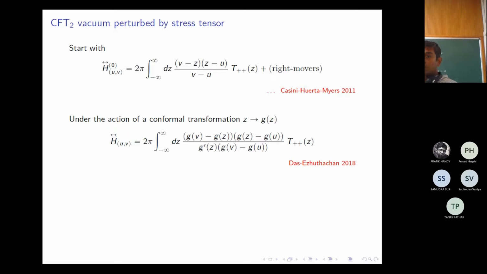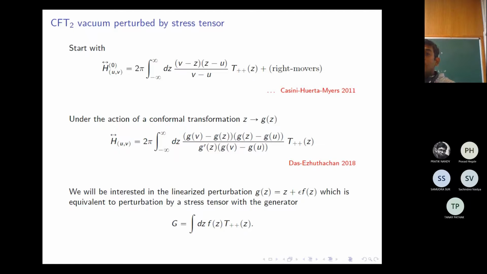So, to match with the general results that we had at order epsilon, we have to realize that if we choose G of Z as Z plus epsilon F of Z, then the corresponding change of state is precisely what you had with the unitary operator U equal to, to first order in epsilon, 1 minus i epsilon G acting on the vacuum state, because this perturbation corresponds to some conformal charge Q, which to first order is e to the iQ, and gives the change of state.